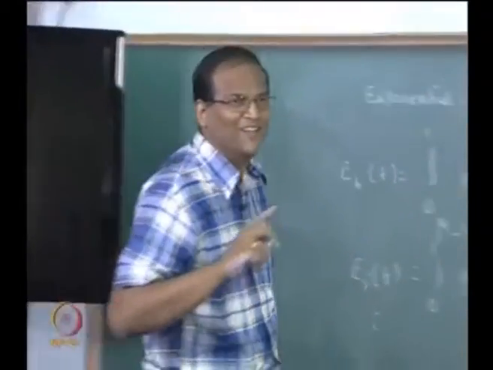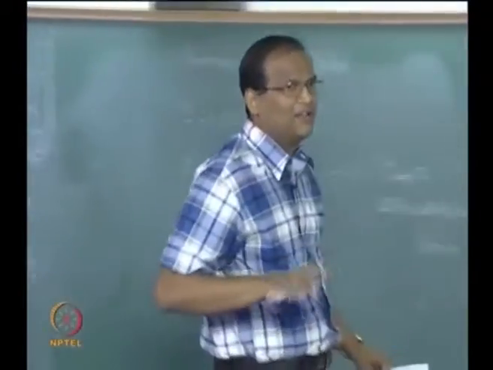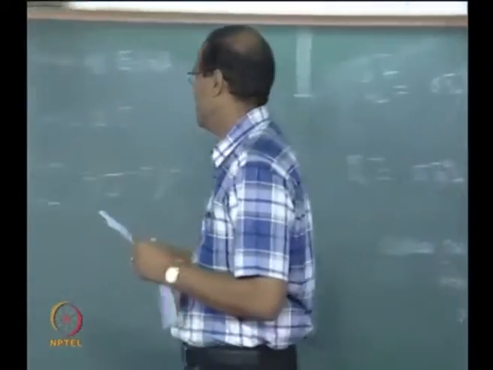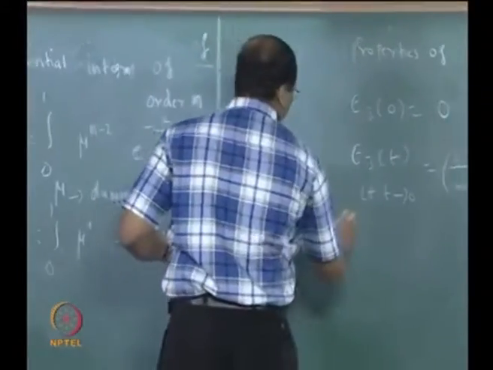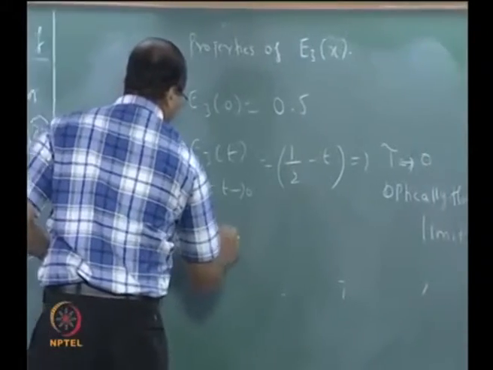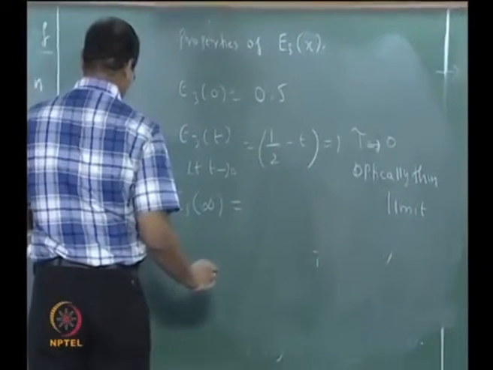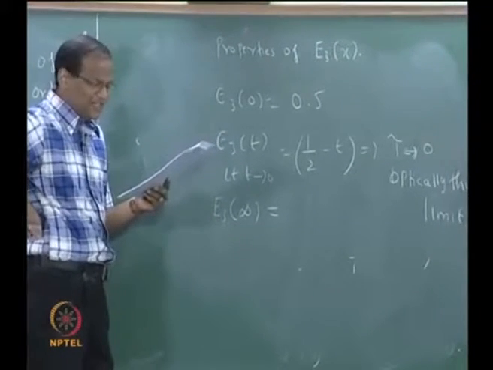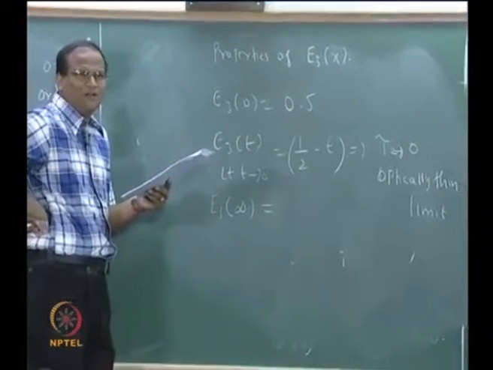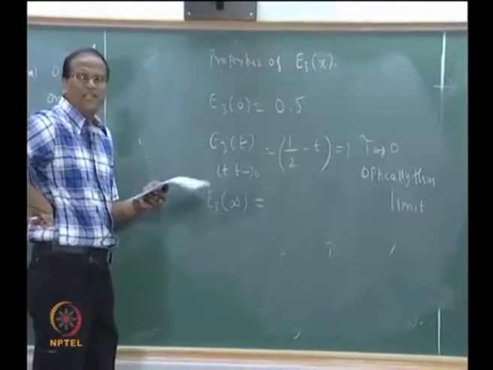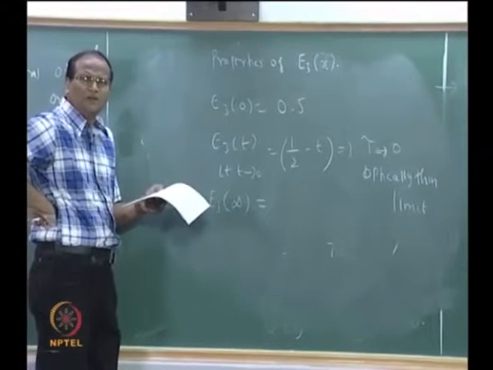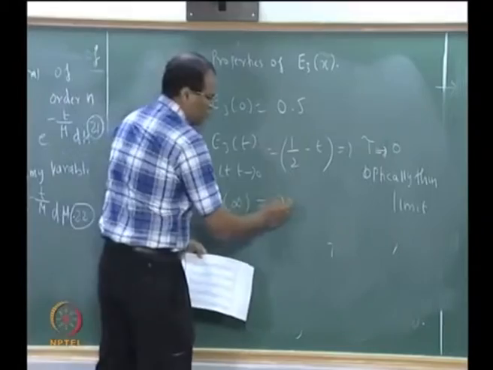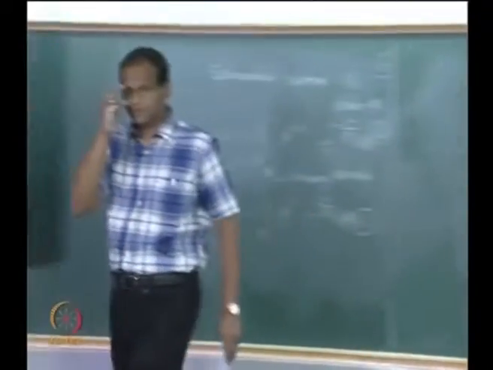They are two different stories. It makes it handleable, and E3 of infinity. At 3.5 itself, it became 0.005. Therefore E3 of 10, 20, 30 will tend to 0. So we have these properties.